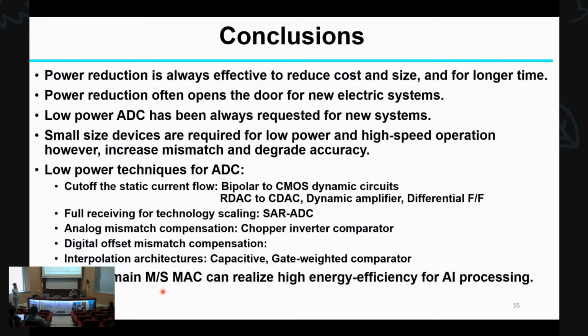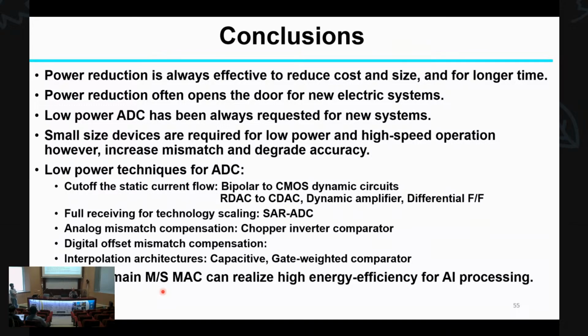I chose the architecture for such an ADC needed to acquire the benefit of technology scaling.